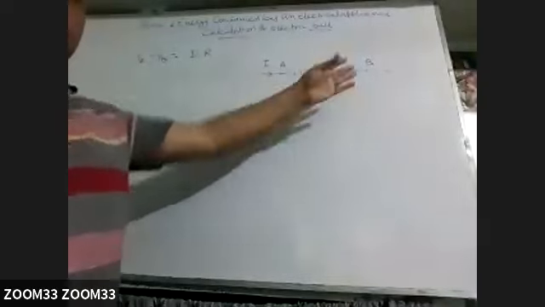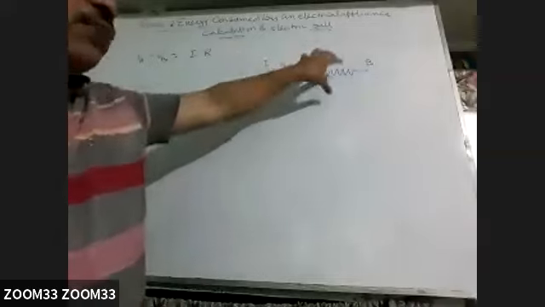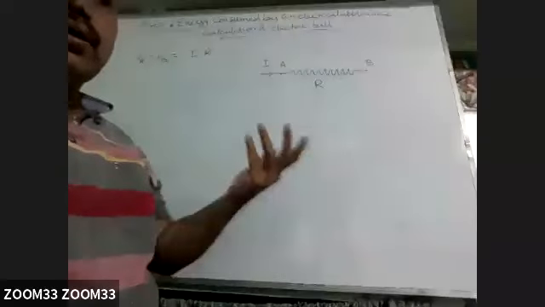From whichever source it is coming, maybe the cell, maybe the mains, maybe the generator, that source is not important. Here we are concentrating on this appliance, whether it is heater, electric iron, fan, tube light, refrigerator or microwave, whatever you are using. So current I is passed through that appliance.